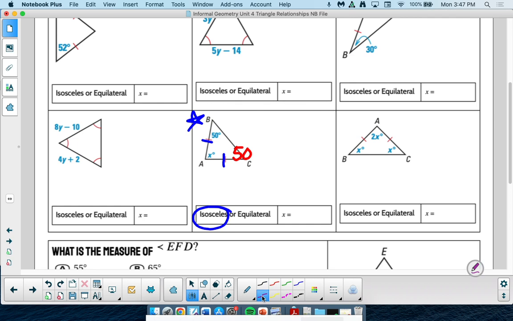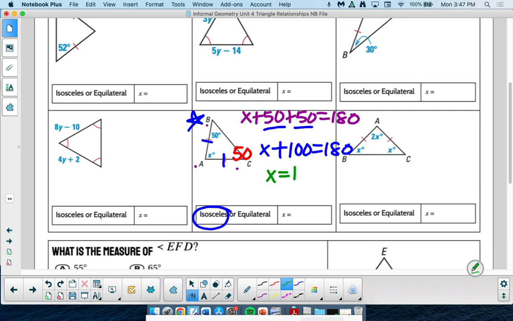So now our equation, we can write all three of our angles have to add to 180. Combine your like terms. 50 plus 50 is 100. Subtract over 100. Oops. We should get 80, right? Again, check it off on the bottom.